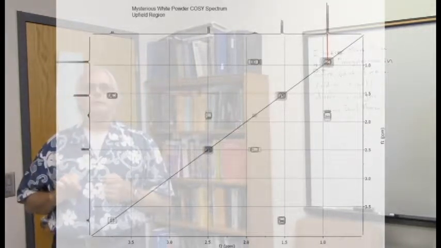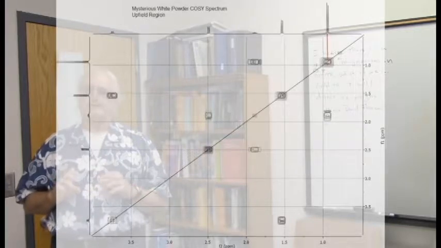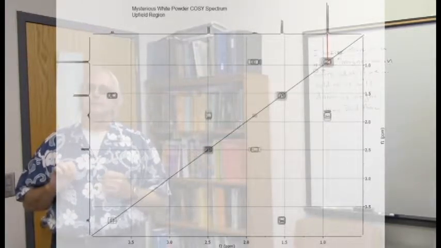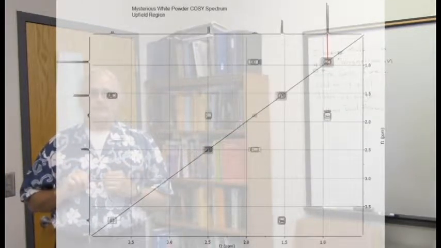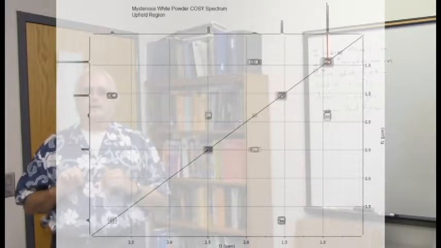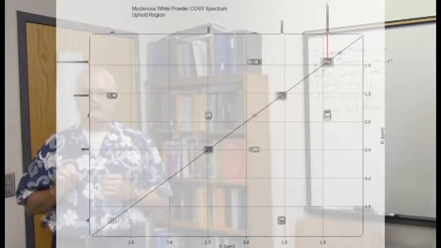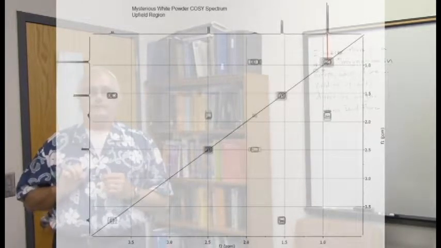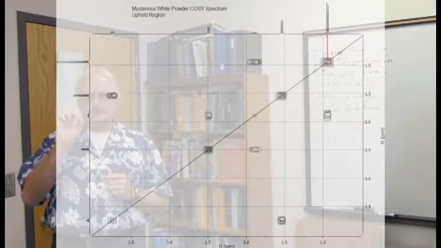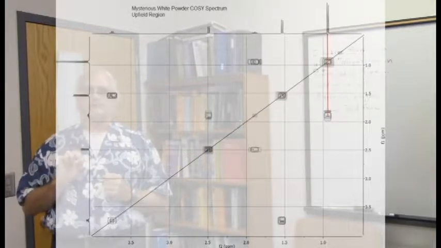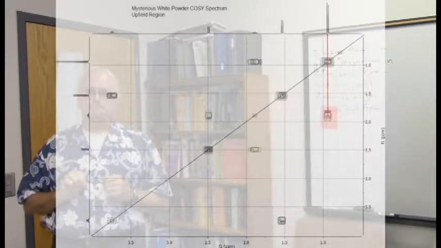Now we come to the diagonal. That's fine. Diagonals are nice, but remember, they tell us no new information. They simply tell us that the methyl group appears on both axes. That's really not relevant. So I keep drawing my vertical line until I actually hit a real crosspeak, and I do. I hit it right here.